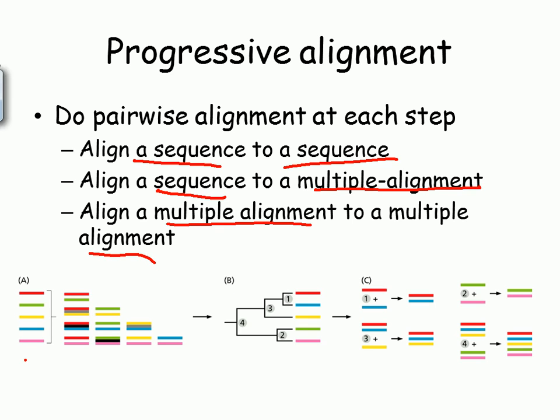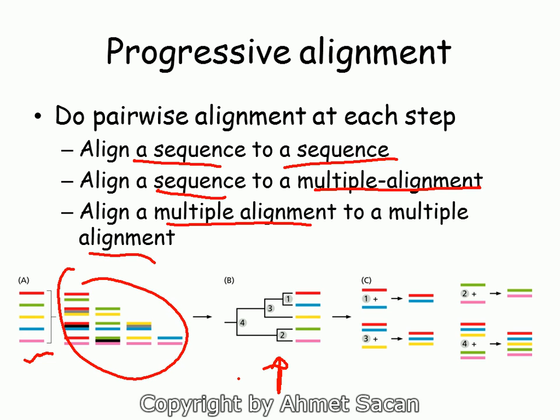Okay. So let's say we have all these sequences. First, we compare all pairs. We compare everything with everything else to find how similar they are to each other. And we build this phylogenetic tree. So this phylogenetic tree tells us, if we built a hierarchical tree, how these sequences would be related.